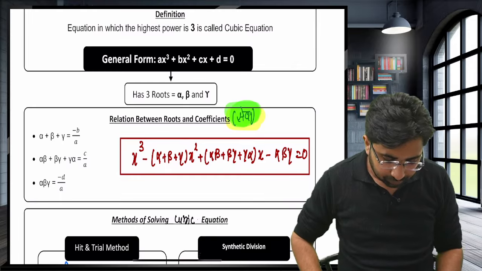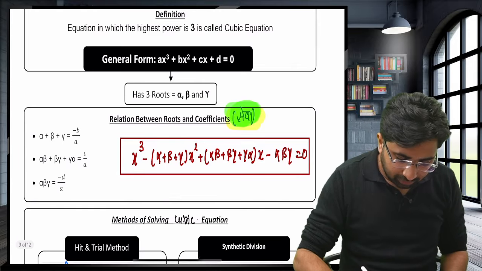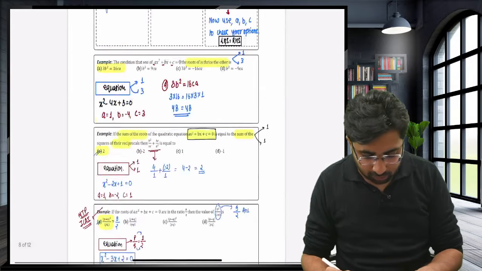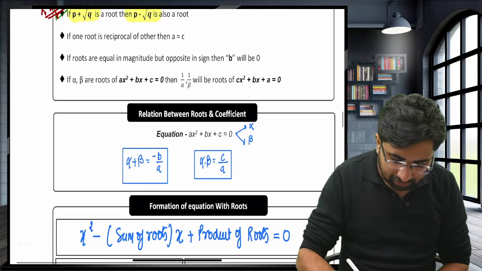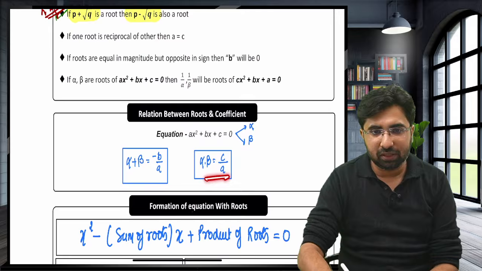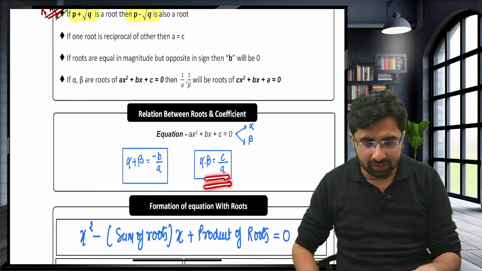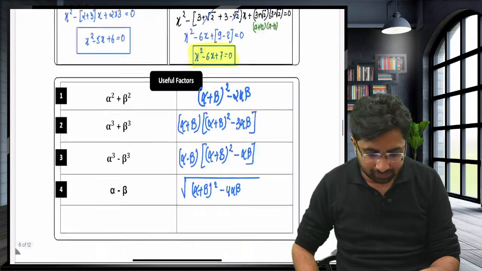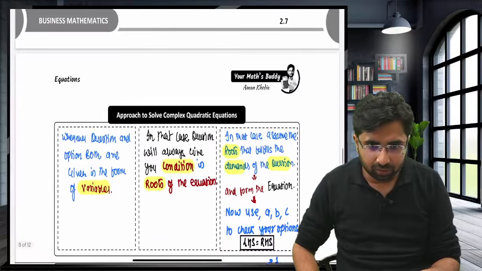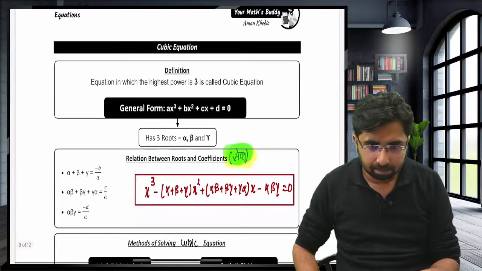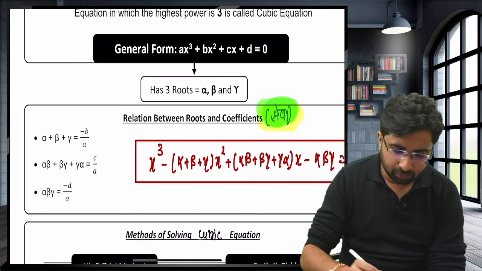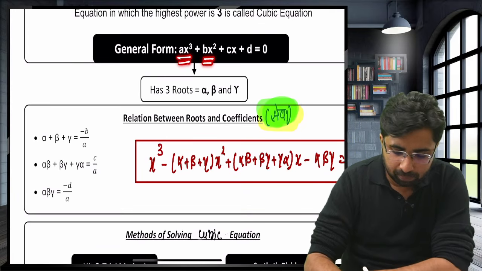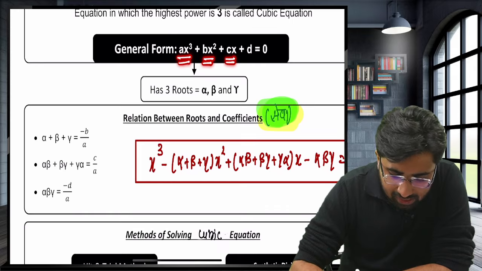Now see, cubic. Everybody knows in quadratic, alpha plus beta is minus b by a, and alpha into beta is c by a. In the same way, I request all of you to hold three things for cubic also. This is ax cube plus bx square plus cx plus d.